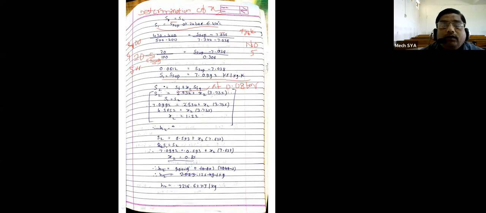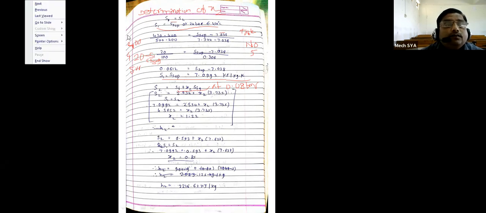This second SFG, again we have to come to table number 2 because that point is lying in the wet region. Wherever the point is in the superheated zone, we refer to superheated steam tables, and wherever the property is in the wet region, we refer to table number 1 or 2, depending on whether temperature is given or pressure is given.